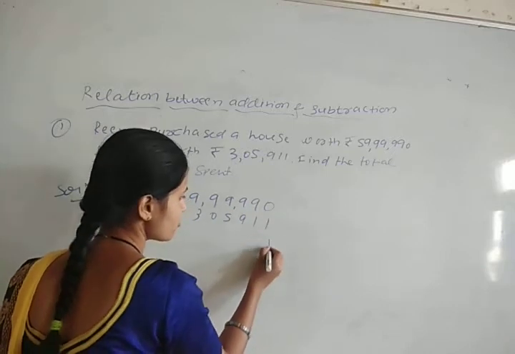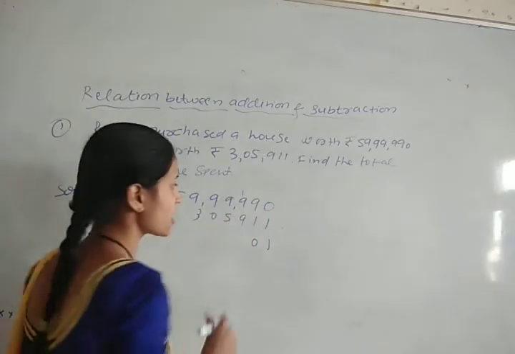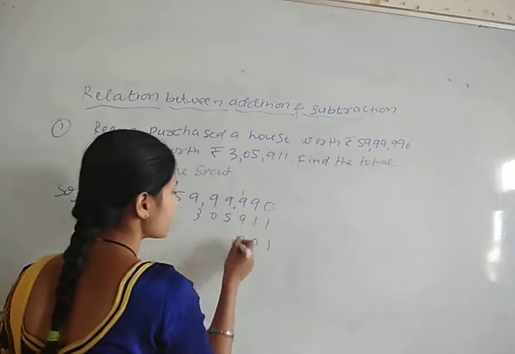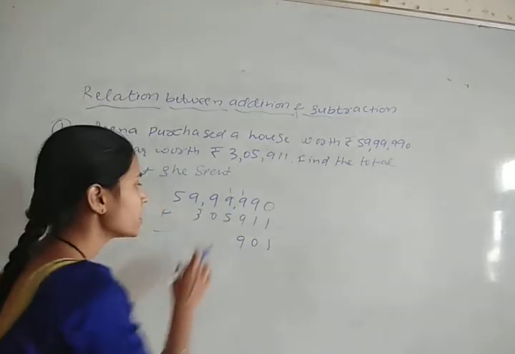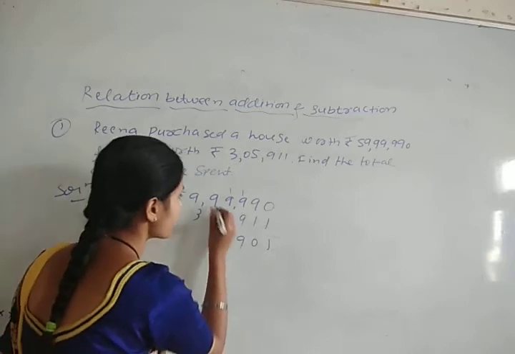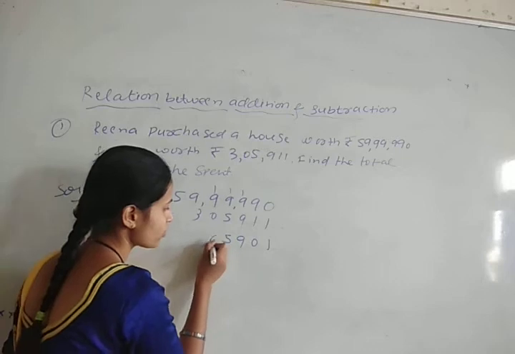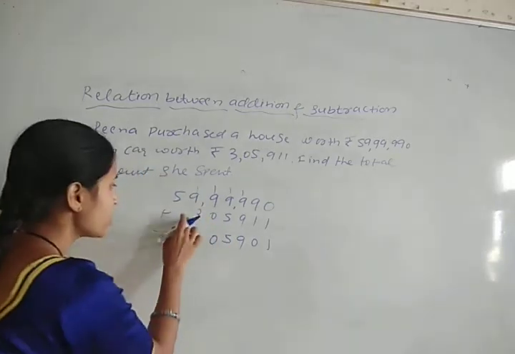0 plus 1 is 1. 9 plus 1 is 10. I will write 0. Take 1 as a carry. 9 plus 1 is 10. 10 plus 9 is 19. Write 9. Take 1 as a carry. 9 plus 1 is 10. 10 plus 5 is 15. Take 1 as a carry. 9 plus 1 is 10. 10 plus 0 is 10 only. Write 0. Take 1 as a carry. 9 plus 1 is 10. 10 plus 3 is 13.